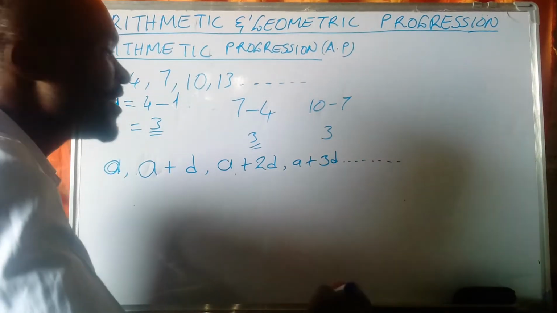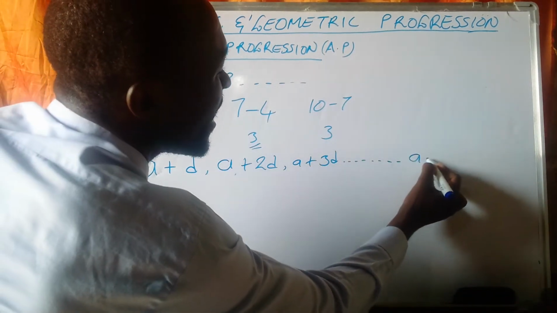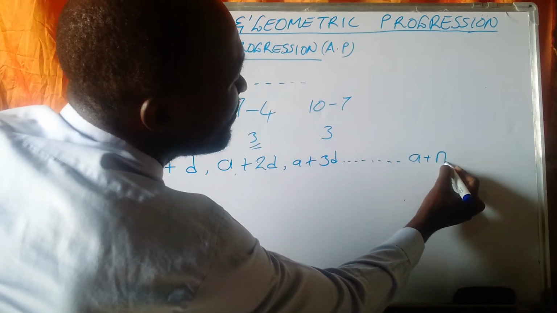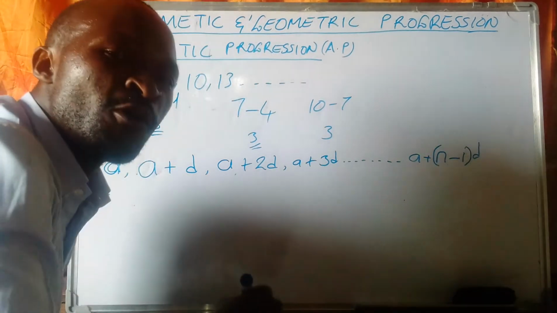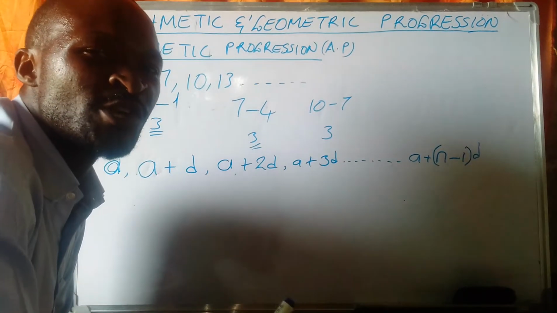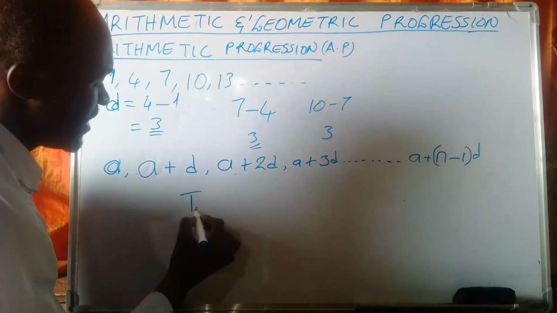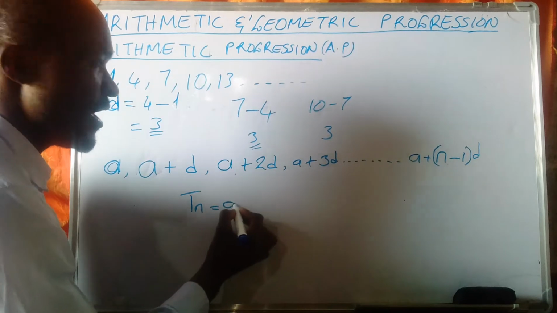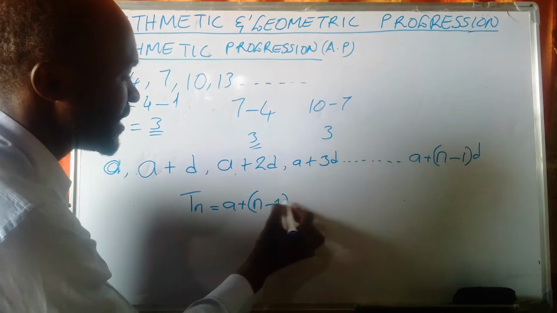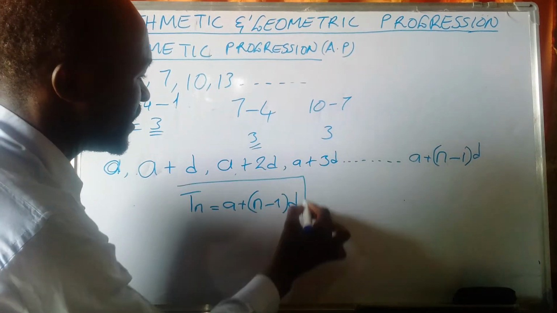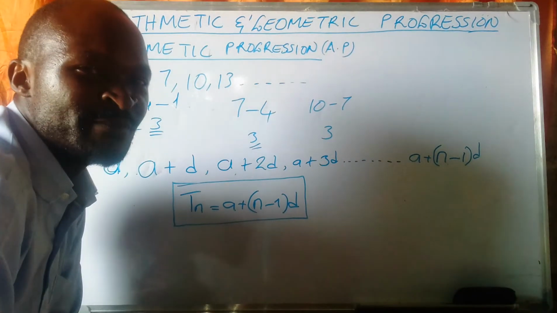Therefore, we come up with the general formula of an arithmetic progression, which is A plus (n minus 1) in brackets, D. So the general formula or general equation of an arithmetic progression is given as Tn equals A plus (n minus 1) D. This is the general formula for arithmetic progression.